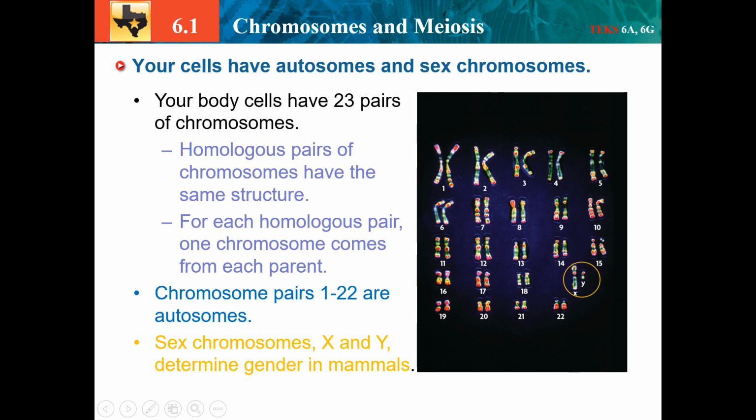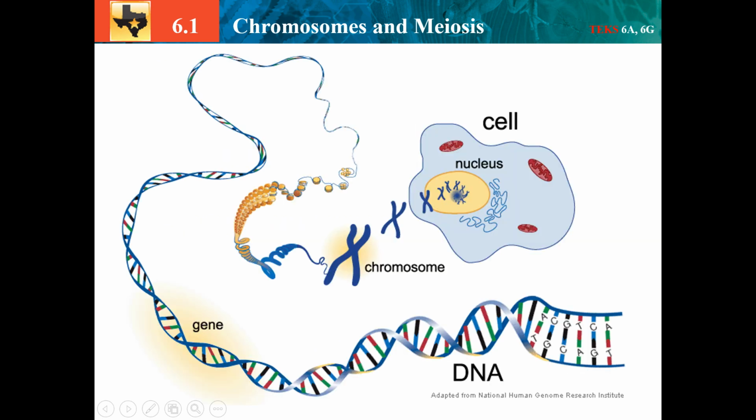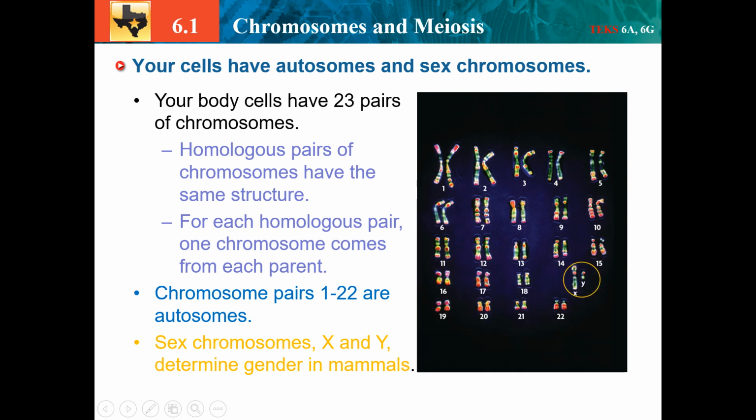And so you'll see that the coloring on chromosome 1 is different from the coloring on chromosome 2, and that's because all along here, chromosome 1 has different genes, different sequences of nucleotides than does chromosome 2. Meaning that chromosome 1 has the instructions for different proteins than does chromosome 2, than does chromosome 3.